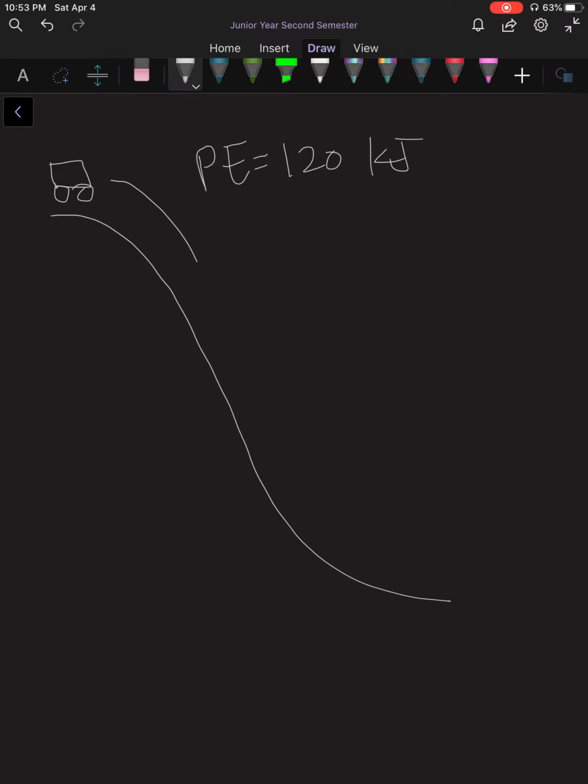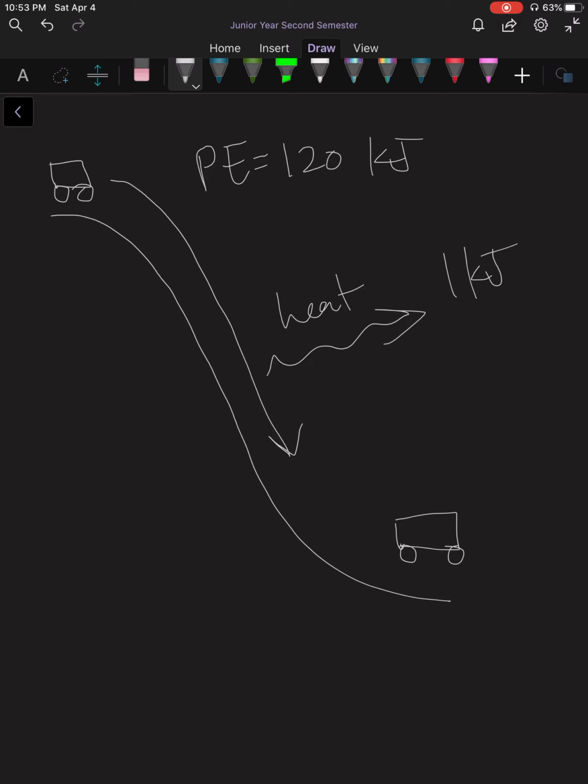So this car travels down the hill. As it's traveling down the hill, some of this energy, some of the 120 kilojoules, dissipates as heat. So we'll just say for our purposes today that 1 kilojoule dissipates as heat. So at the bottom of the hill, instead of having 120 kilojoules, this car has a kinetic energy of, let's say, 119 kilojoules.